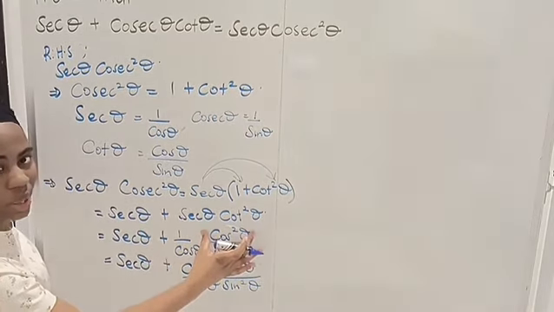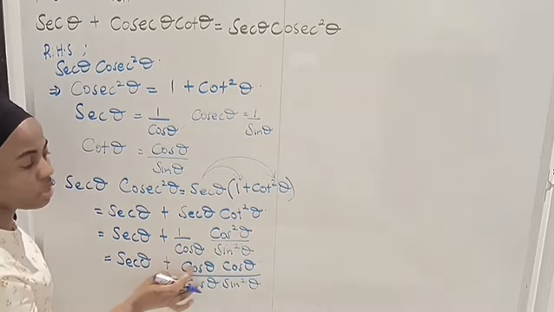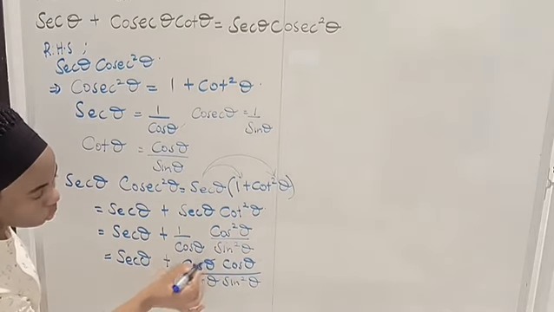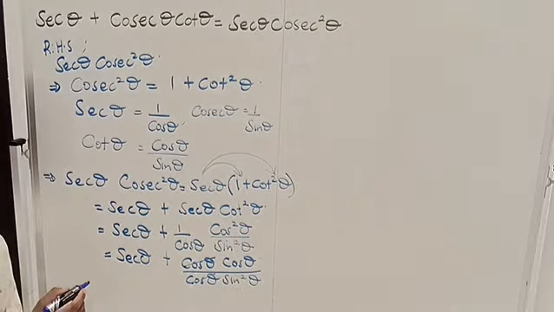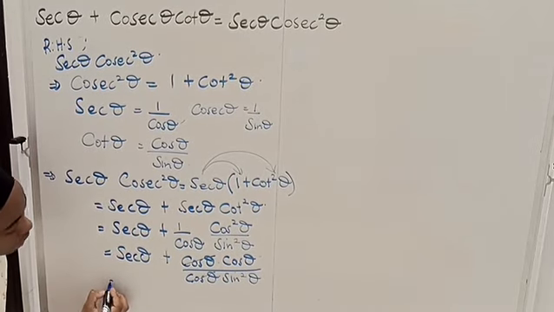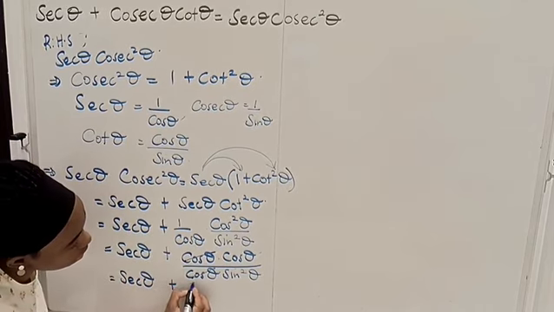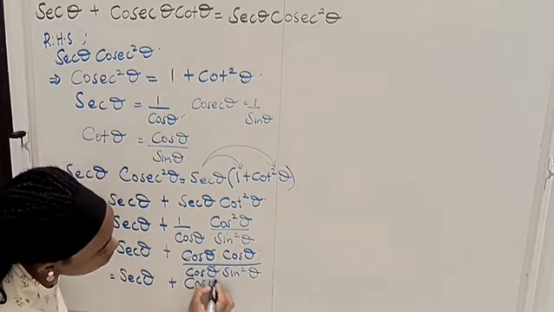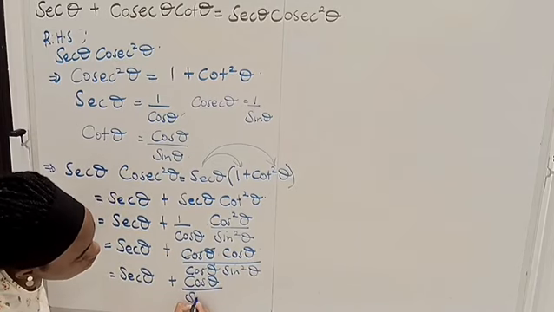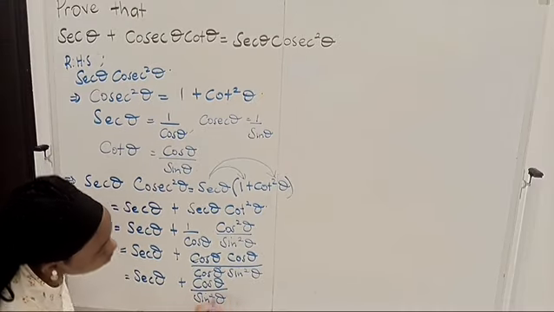Because this is cos squared, it's the same as writing cos times cos. Now this cos will go with that cos. So I remain with sec theta plus cos theta out of sine squared theta.